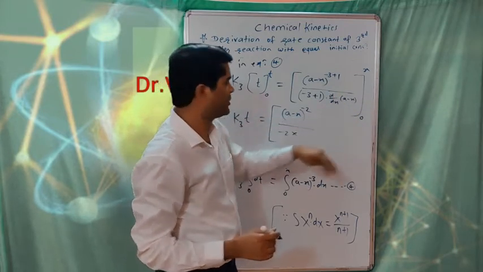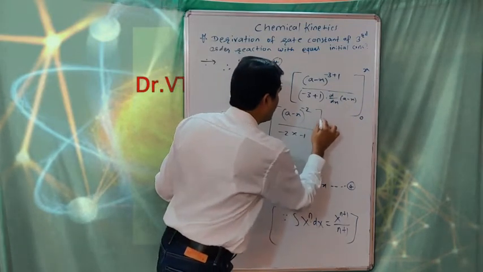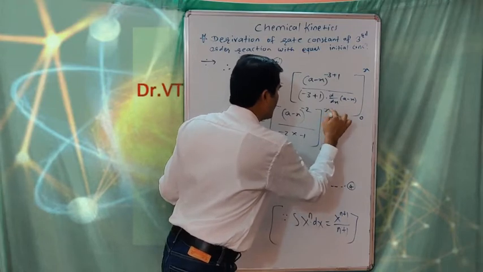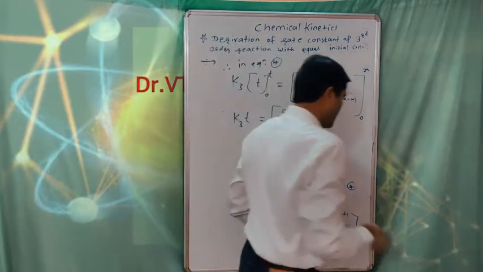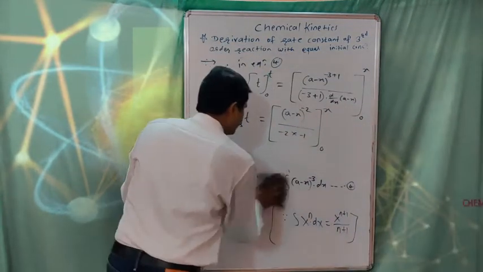So 0 minus 1 will be minus 1. Lower limit 0, upper limit x. So this way we can simplify.